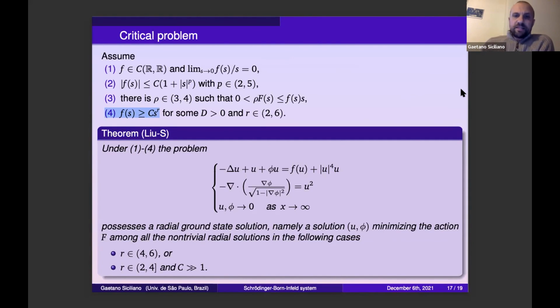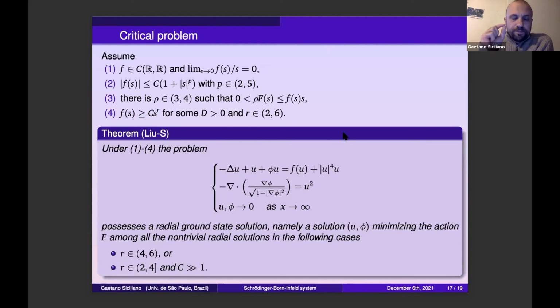The result is that there is again a ground state solution, at least when this R which appears in hypothesis 4 is between 4 and 6, or otherwise the constant C has to be a little bit large, let's say. And the fact is that we want here that the Palais-Smale condition is satisfied. This is the reason we use this assumption on R and on C.